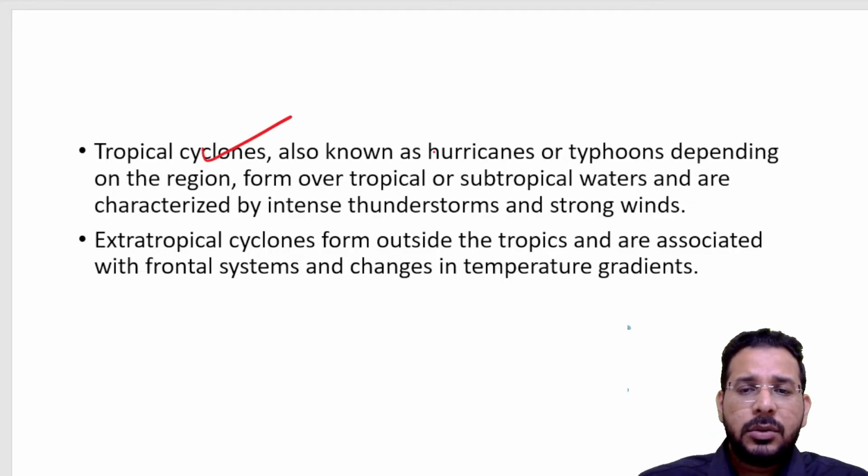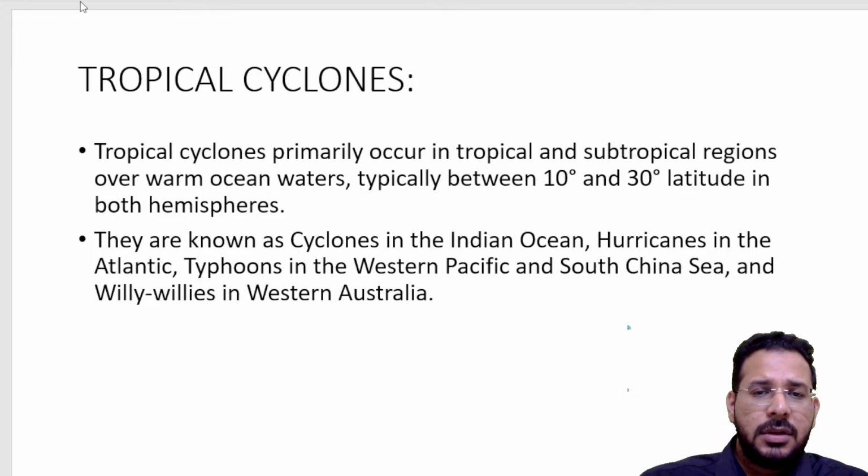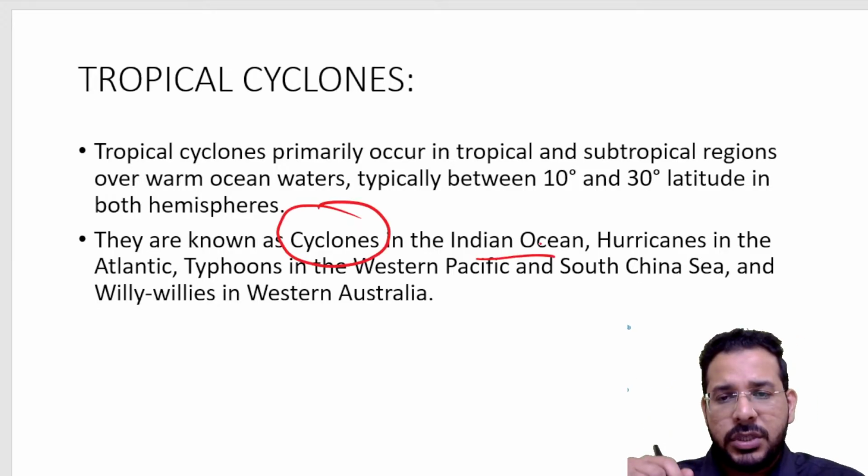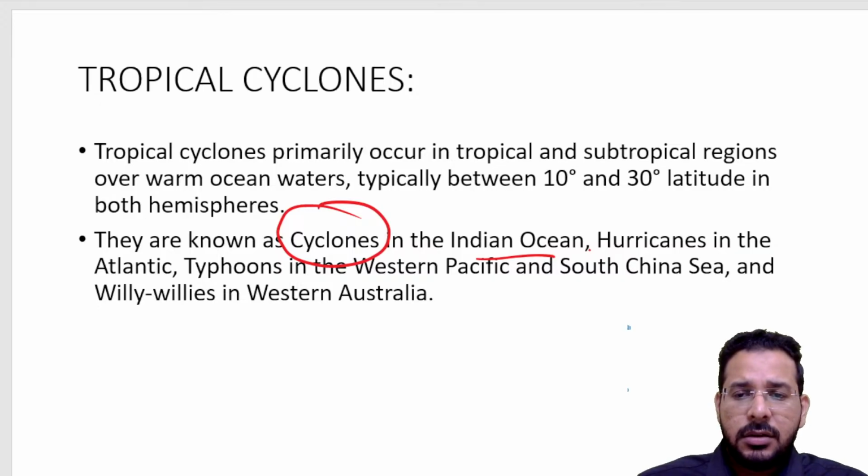So tropical cyclones are called by different names. Tropical cyclones are called cyclones in Indian Ocean and the countries around Indian Ocean. Whereas they are called hurricanes in Atlantic Ocean.